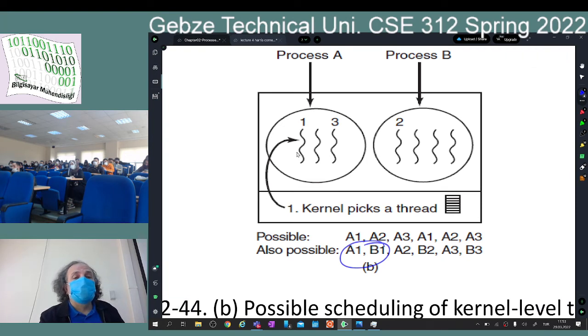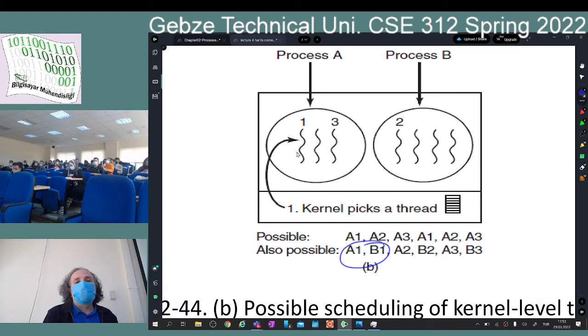Kernel knows that it is better to switch from A1 to A2 than switching from A1 to B1. So maybe the kernel is smart enough to use that idea. It will maybe favor switching between the threads of the same process.